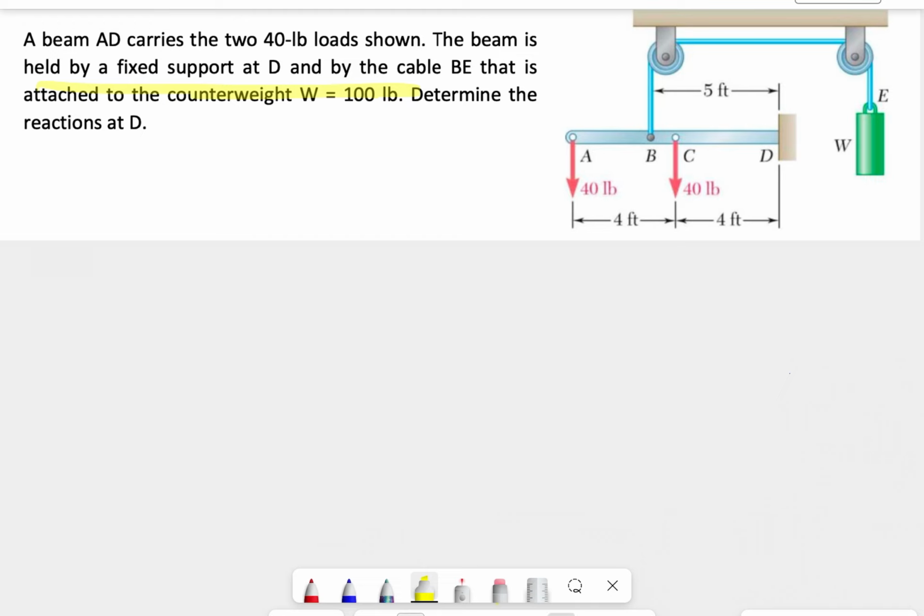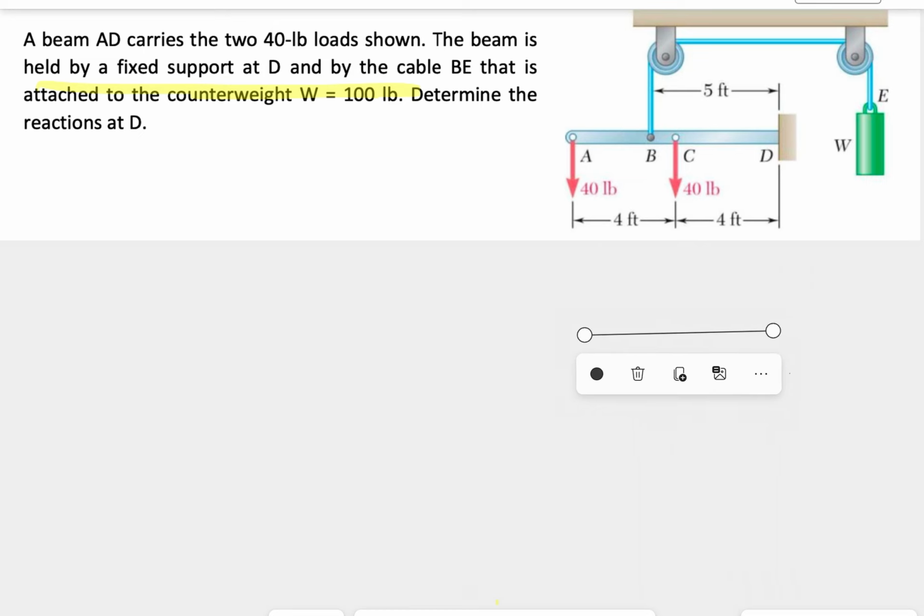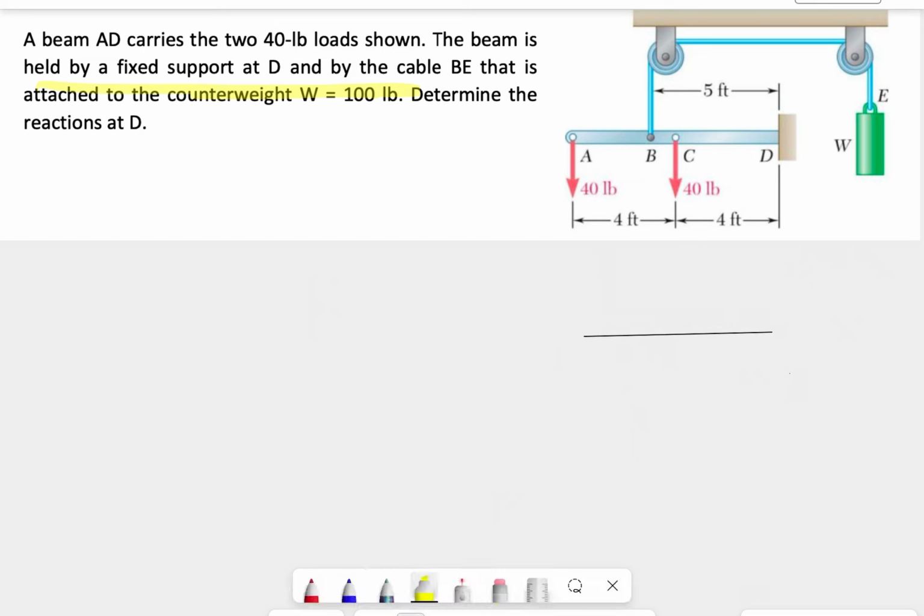So we're going to start with the free body diagram. We have to start with all the forces that we have in this question.